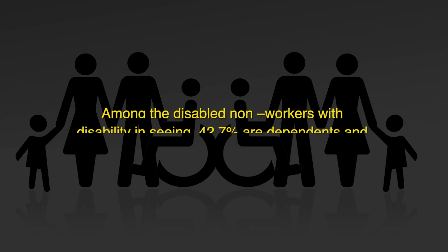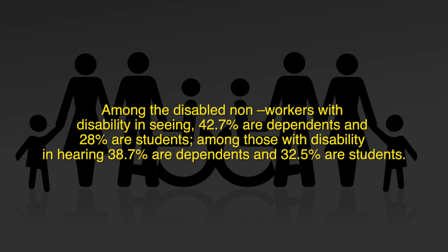Among the disabled non-workers with disability in vision, 42% are dependents and 28% are students, and among those with hearing impairment, 38.7% are dependents and 32.5% are students.